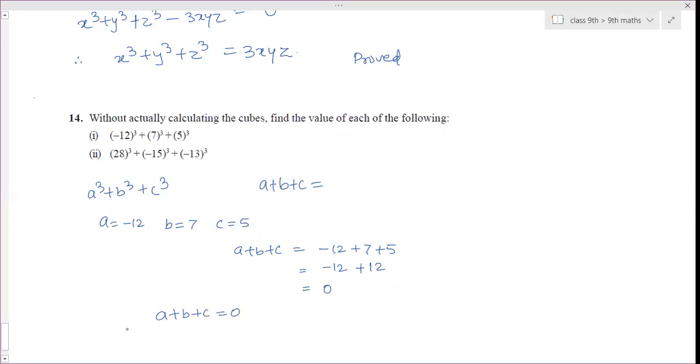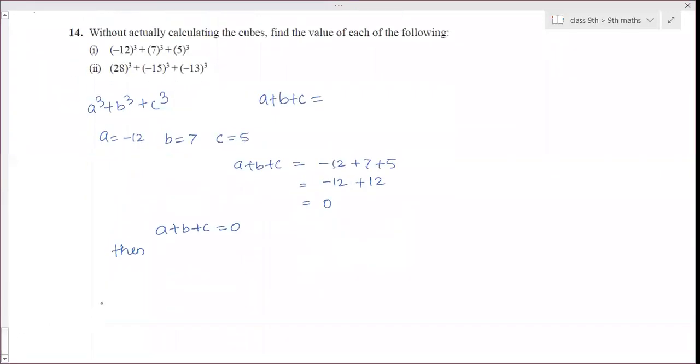If a plus b plus c is equal to 0, then a cube plus b cube plus c cube is equal to 3abc, 3 into the product of those terms.